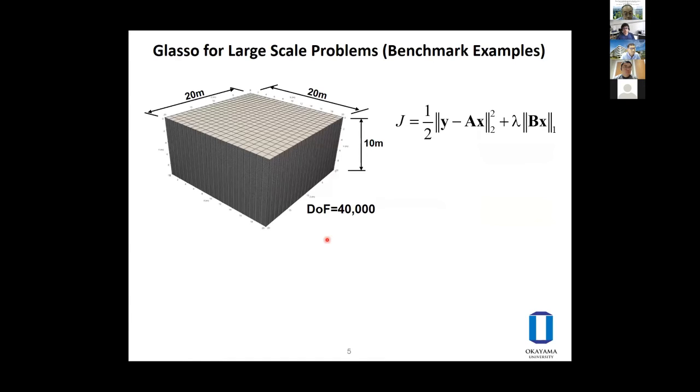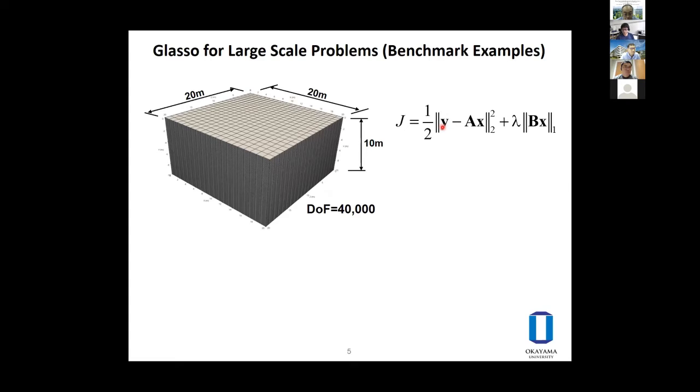Okay, so G-lasso is a very attractive method for site characterization. Let's think about application of G-lasso to a large-scale problem, I mean, a benchmark example. This is the vector and matrix expression of the objective function of G-lasso.